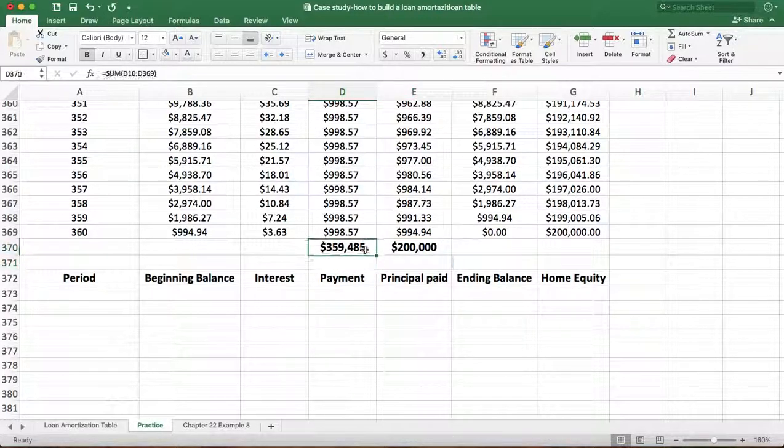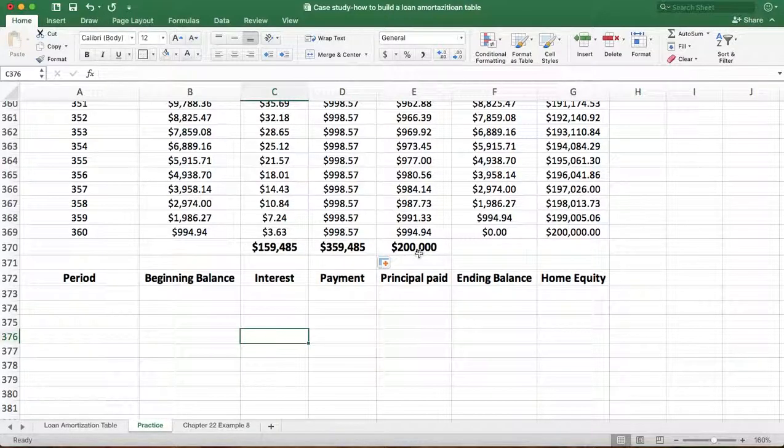If we add up the interest pay, it is around 160,000. So that means all the money flows out from your pocket.